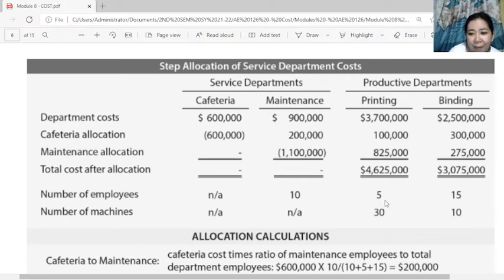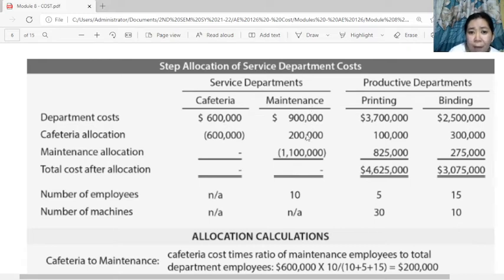Then 5 divided by 30 times 600,000, so the printing department will be allocated 100,000. And for binding, 15 divided by 30 times 600,000 is 300,000. That's how we allocate the cost of the cafeteria.